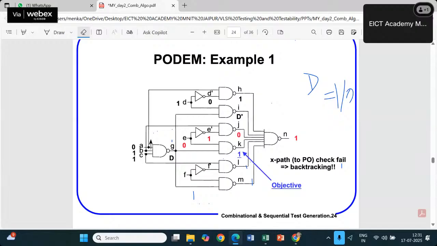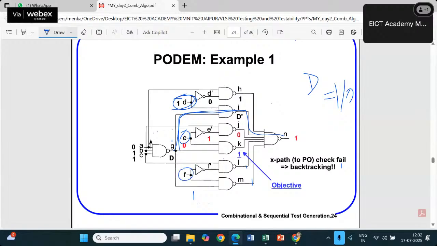So what are the primary inputs set? If I am passing this through this, then this is already set, right? This is the implication that this D is passing through this. It means it is expected to be non-controlling, that is 1. So these are the primary inputs left over, which I need to check.